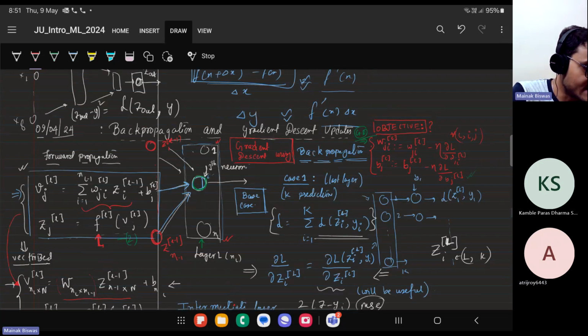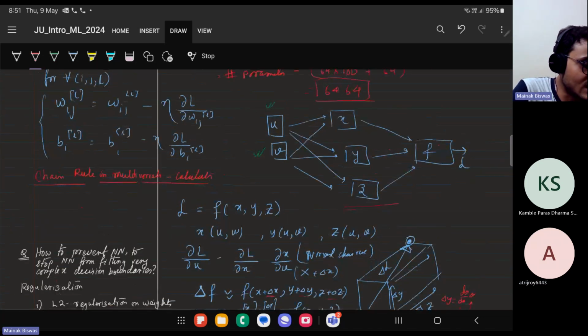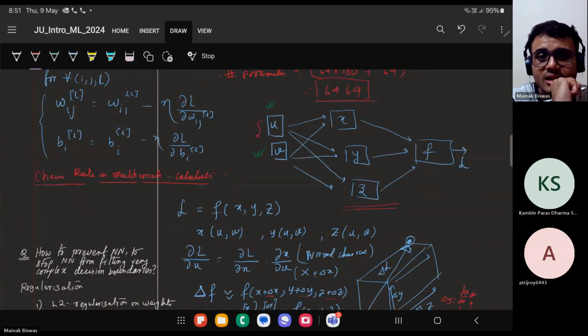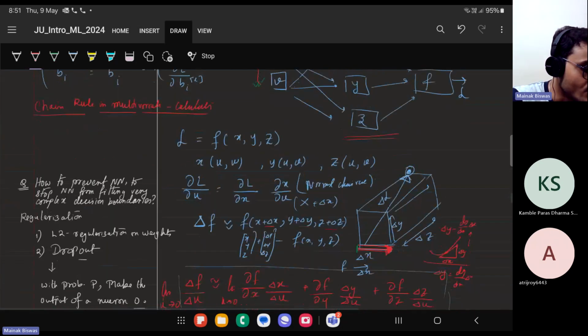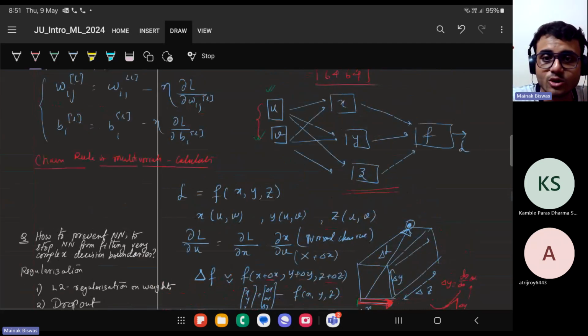Is it not exactly the same as the problem that we did last time? These neurons gave output to all of these X, Y, Zs in the next layer. The U gave output to X, Y, Z. So what did we see? We saw that when you're taking a derivative, we have to take the changes of each of these X, Ys, and Zs. Do you agree?